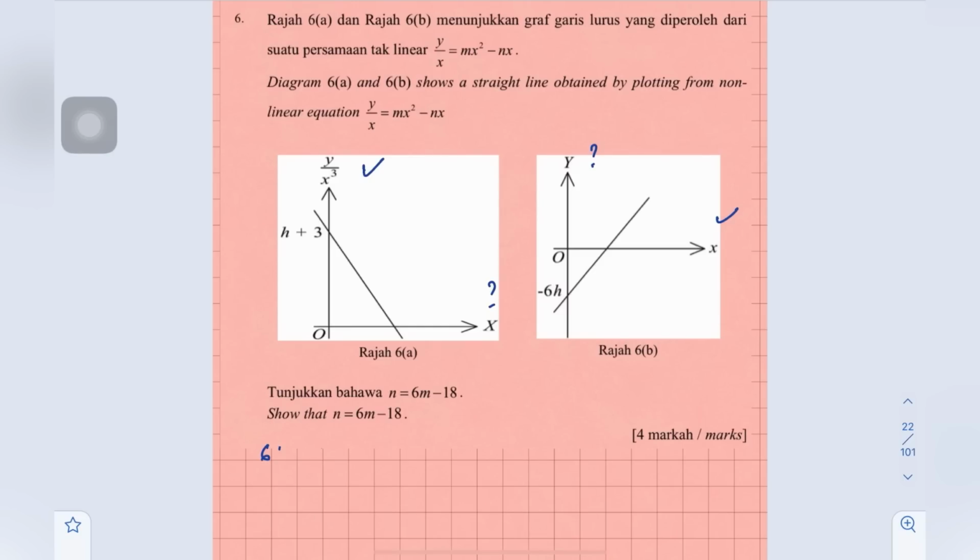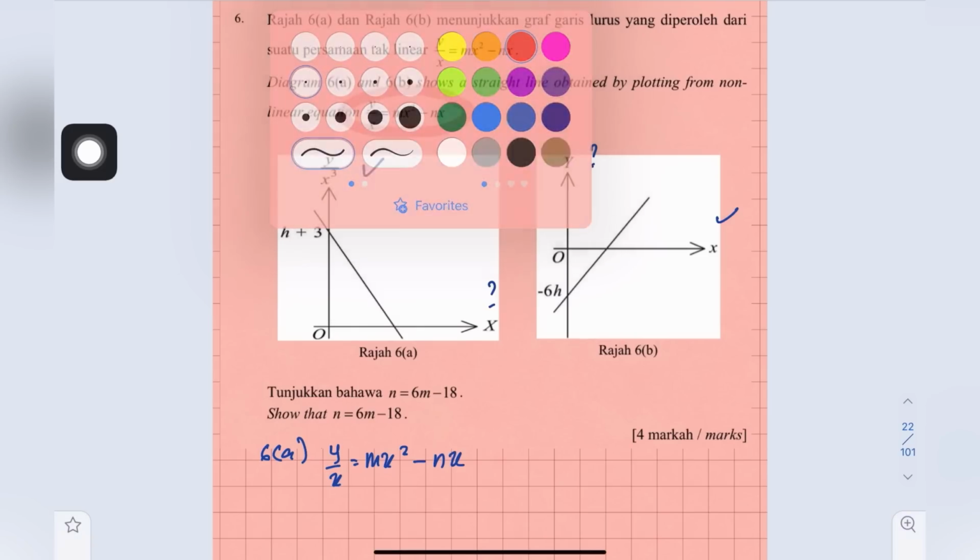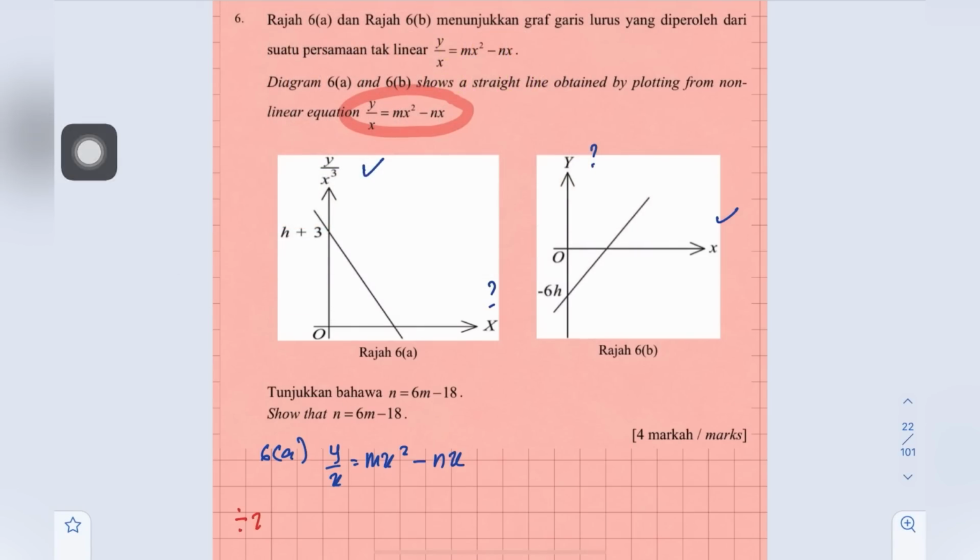So from graph 6a, we have this equation y over x equals mx squared minus nx. The clue is y over x cubed, so we have to divide by x squared.